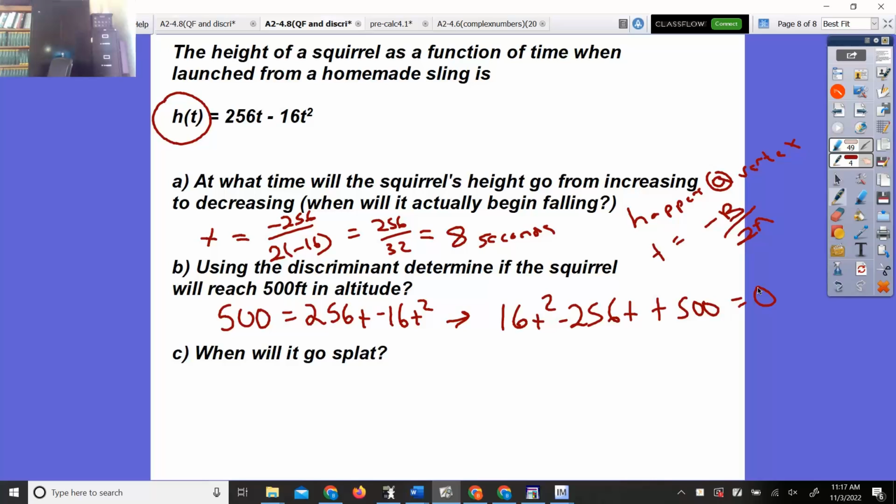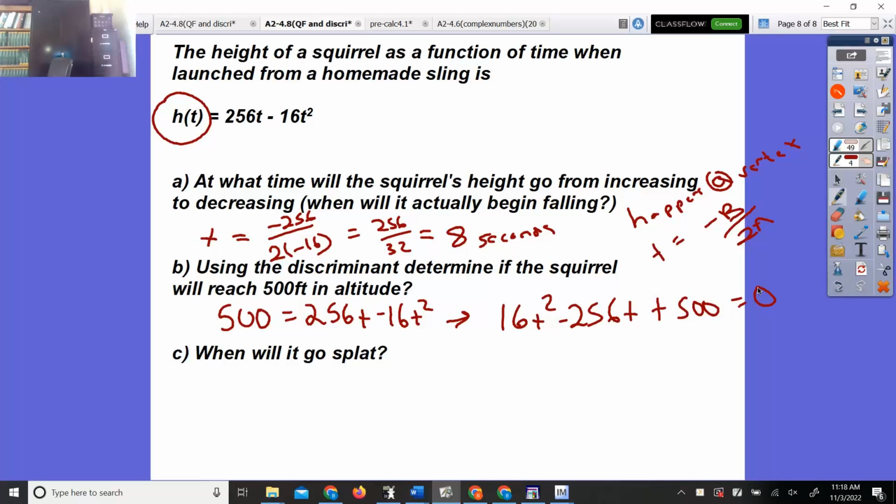Now, it doesn't say when it's going to reach 500 feet, does it? It just says, will it reach 500 feet? You have to do the entire quadratic formula? No. What do you have to do? It's just b squared minus 4ac. Because that's going to tell you if it happens once, if it happens twice, or if it never happens at all.